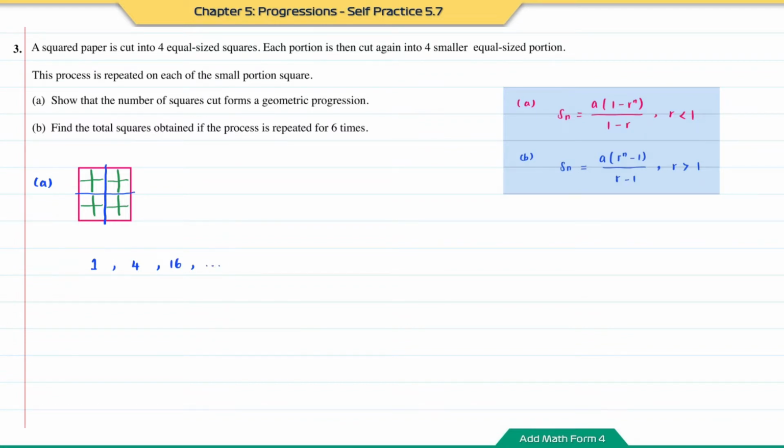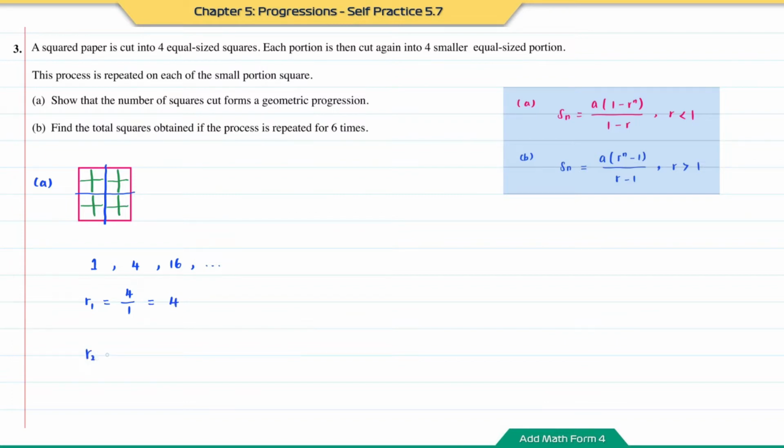We want to show that the number of squares cut forms a geometric progression. Therefore, we can prove it by using R, which is the common ratio. The first ratio, we use the term 4 divided by the previous term, which is 1. The answer will be 4.